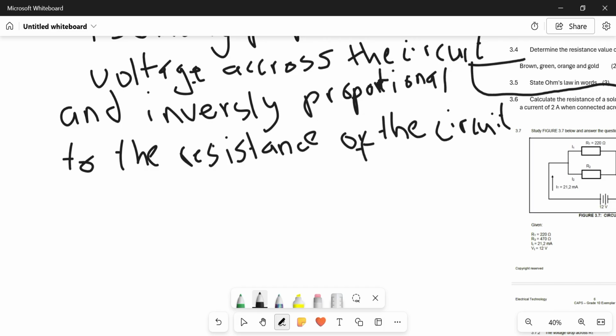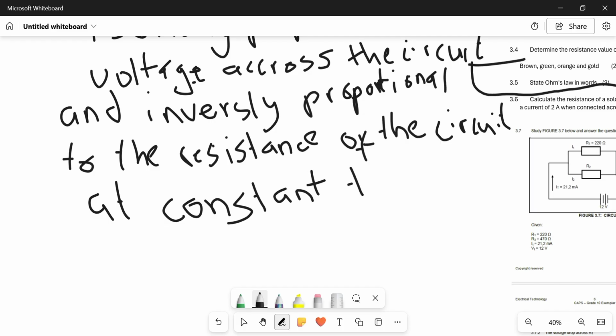The current in the circuit is directly proportional to the voltage in the circuit and inversely proportional to the resistance of the circuit. And remember, all of this happens at constant temperature.